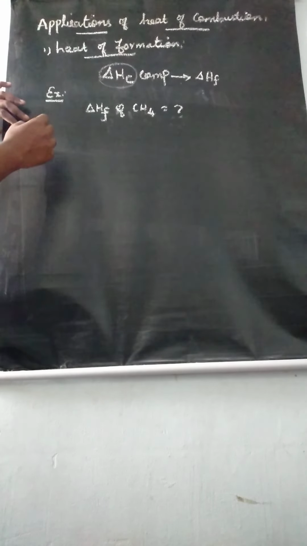You can calculate the heat of combustion of methane. This is one of the organic compounds. Heat of combustion of methane or heat of formation of methane. How can we calculate this? From the heat of formation values of hydrogen, carbon and some more values.